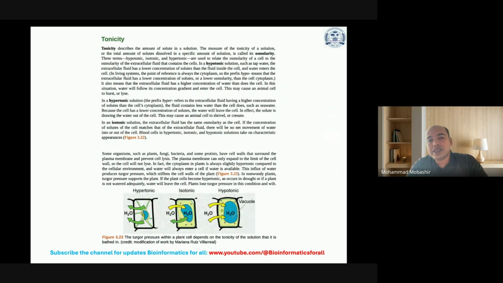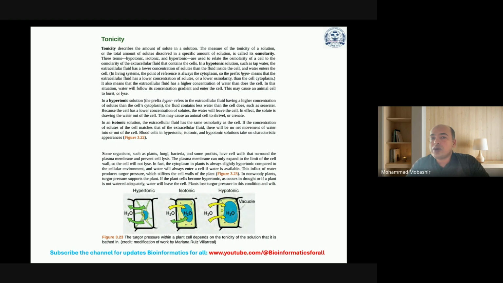Now, tonicity. Tonicity describes the amount of solute in a solution. The measure of tonicity of a solution, or the total amount of solutes dissolved in a specific amount of solution, is called osmolarity. Three terms, hypotonic, isotonic, hypertonic, are used to relate the osmolarity of a cell to the osmolarity of the extracellular fluid that contains the cells.